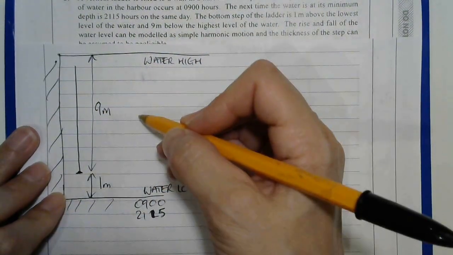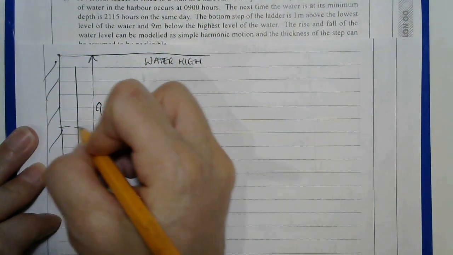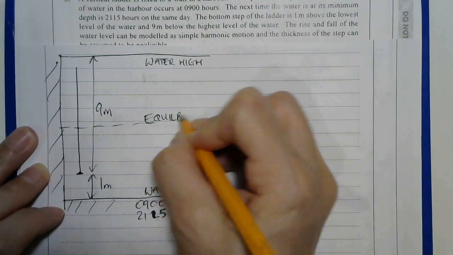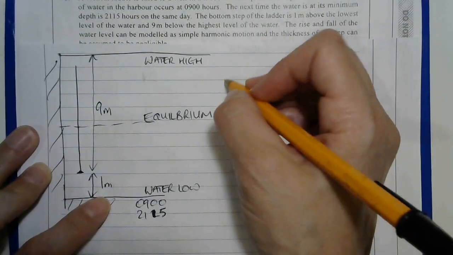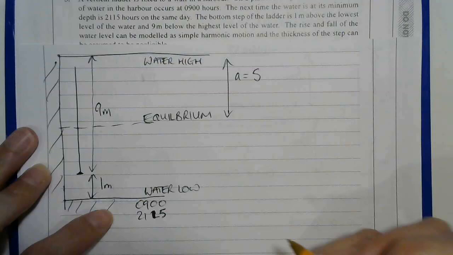So basically what they've told me is if that's the bottom and that's the top, then the equilibrium position will be somewhere in the middle. Well, in fact, exactly in the middle of 9 plus 1, which is 10. And so therefore I know that the amplitude is 5.